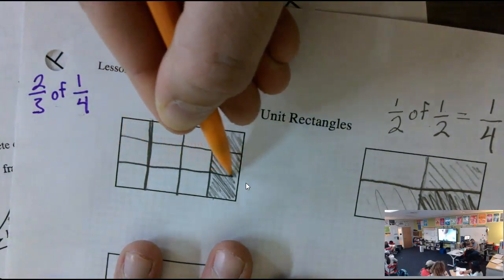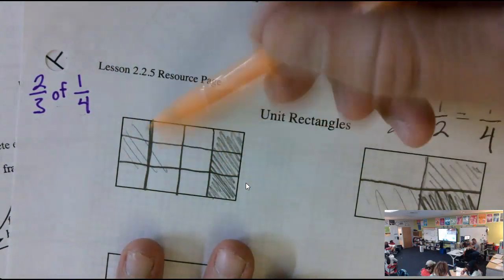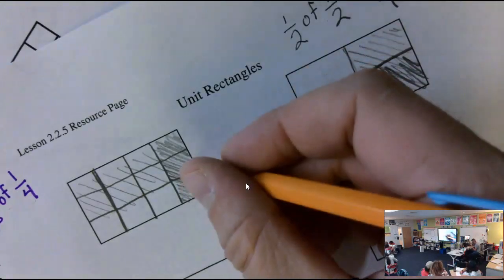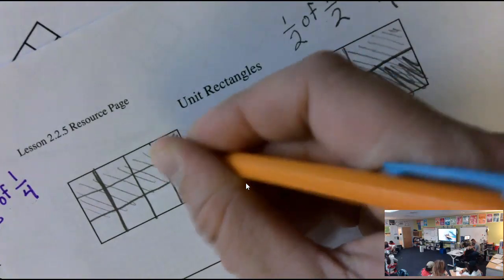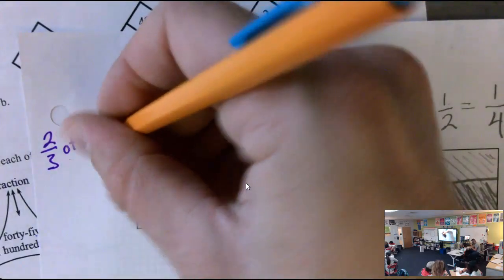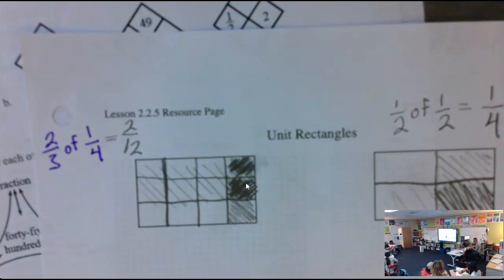How many of these should be shaded? 2. How many of these got shaded twice? 2 out of how many? And that's the answer we just got, right? 2 out of 12.